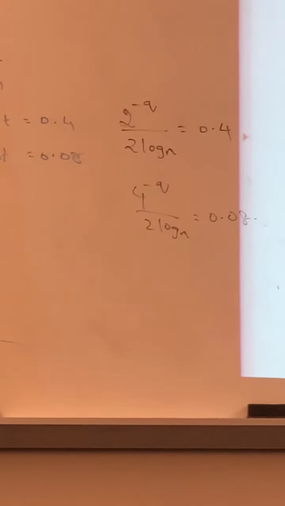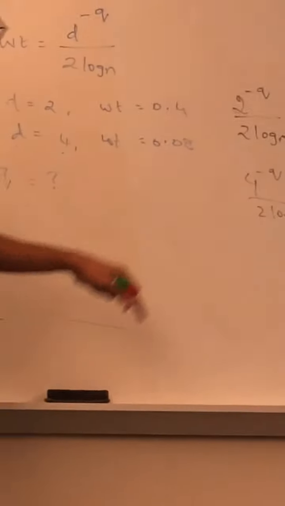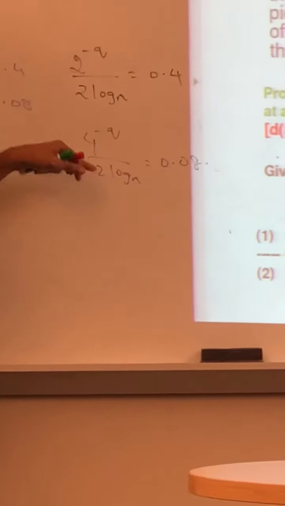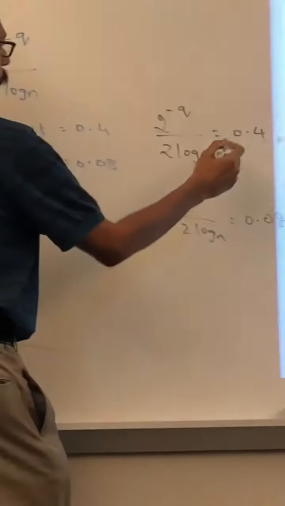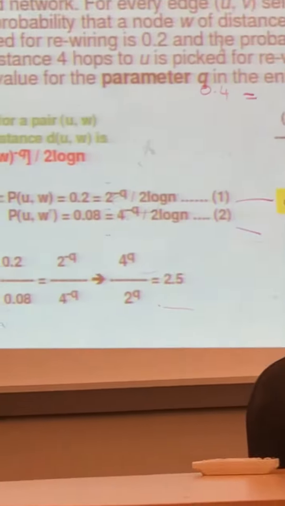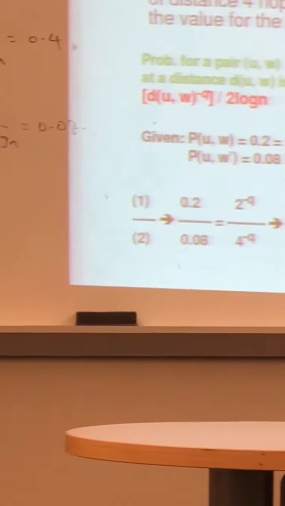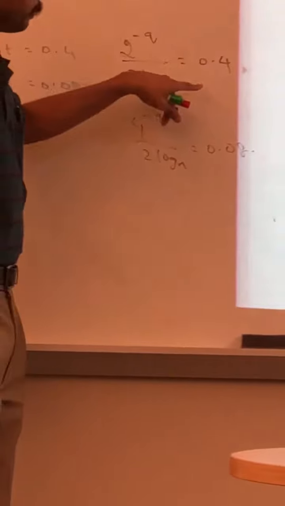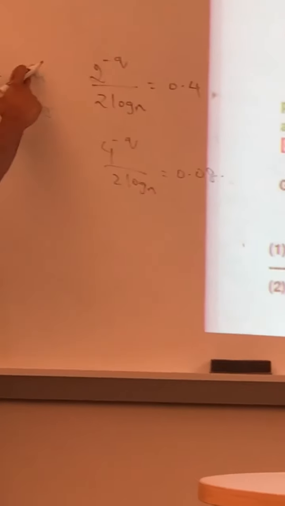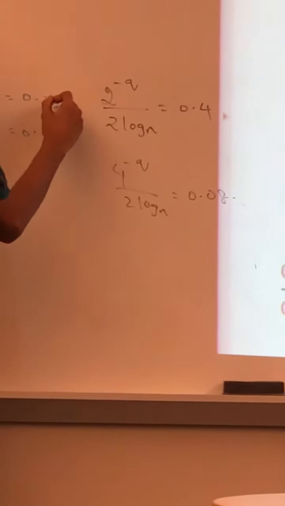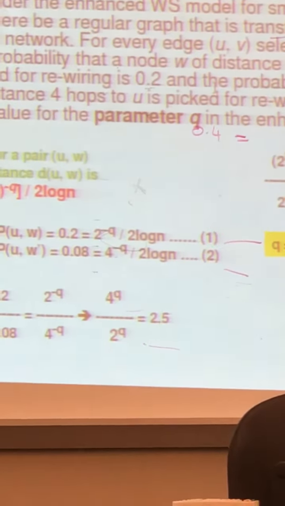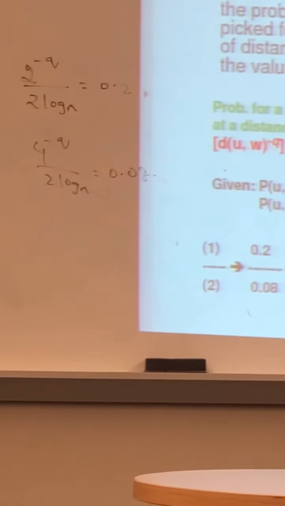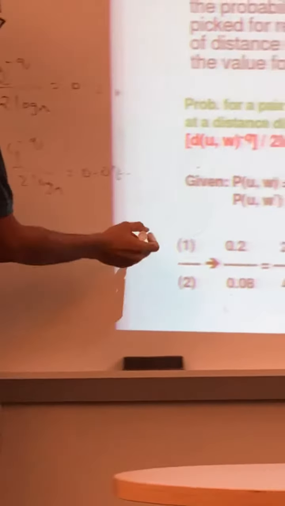Okay, so to get rid of the n or the log n, just divide one by the other, so the log n will cancel out. If you call these equation 1 and equation 2, just divide equation 1 by equation 2.